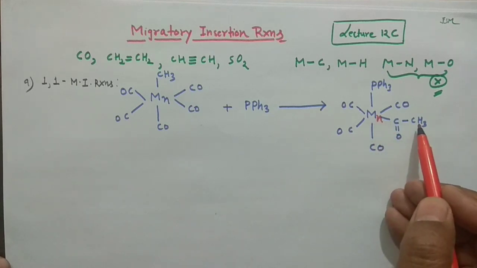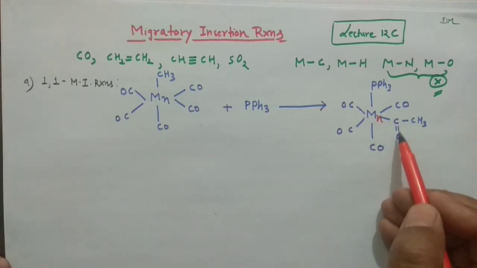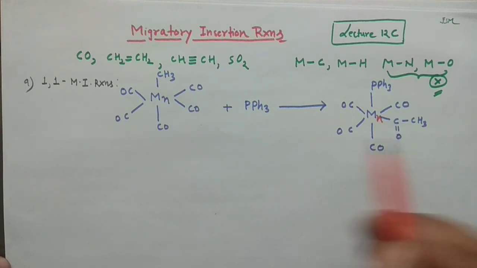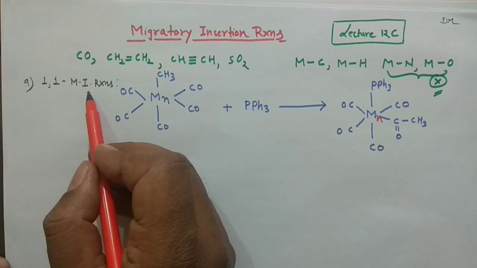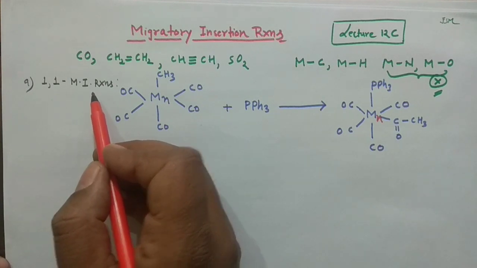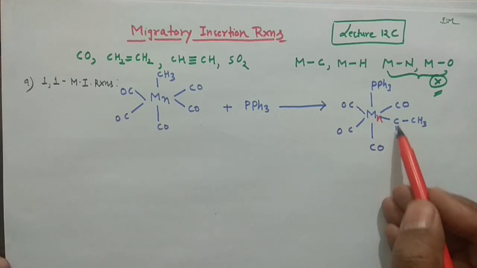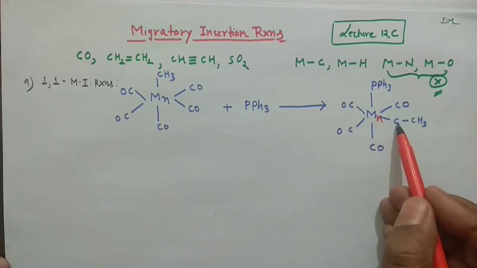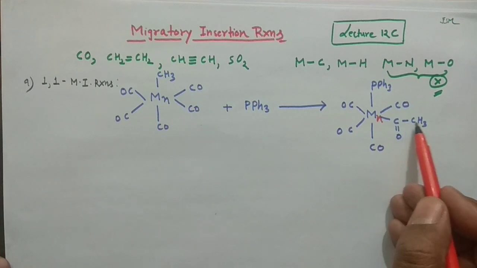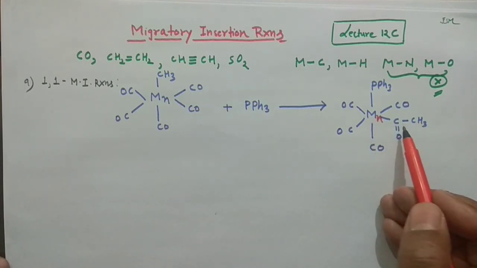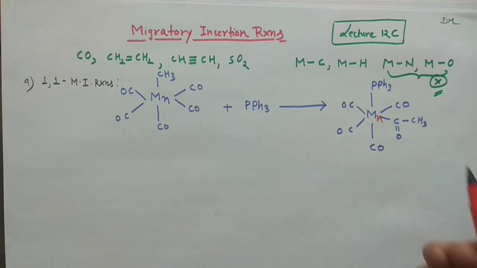When this metal and the migrated ligand form the bond with the same atom of the unsaturated group, then it is known as the 1,1 migratory insertion reaction. So in that case, this is your unsaturated ligand, and the carbon atom is common, and this carbon atom is forming a bond with this migrated ligand as well as with the metal. When this happens, then the reaction is said to be a 1,1 migratory insertion reaction.